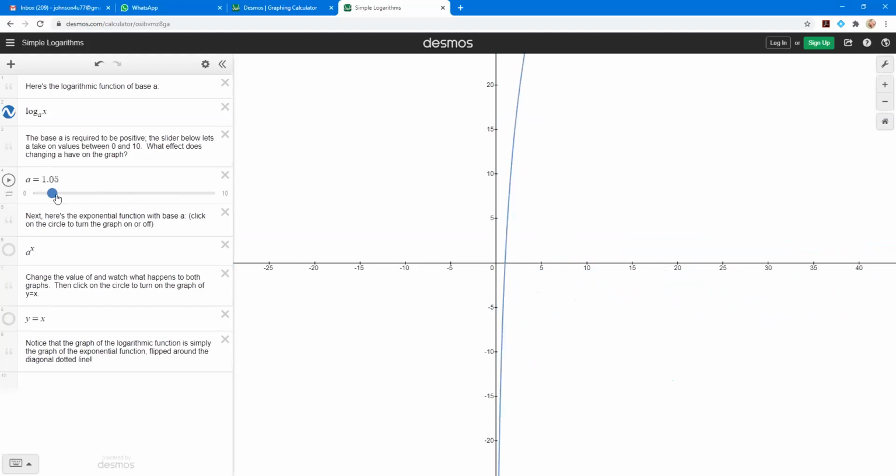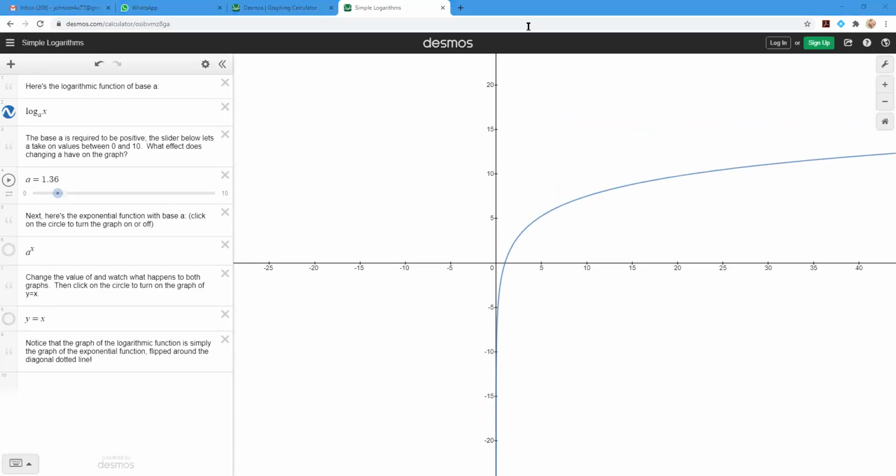So for base greater than 1, look at the shape of the graph. I'm just increasing the base here. You can see the base is 1.23, 1.3. You can see the shape of the graph. For y is equal to x, we saw the graph goes like this.